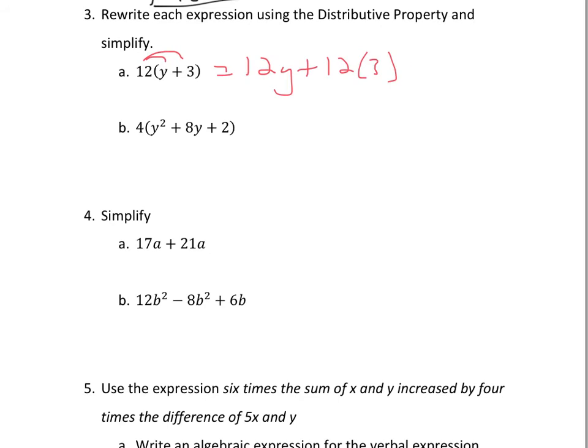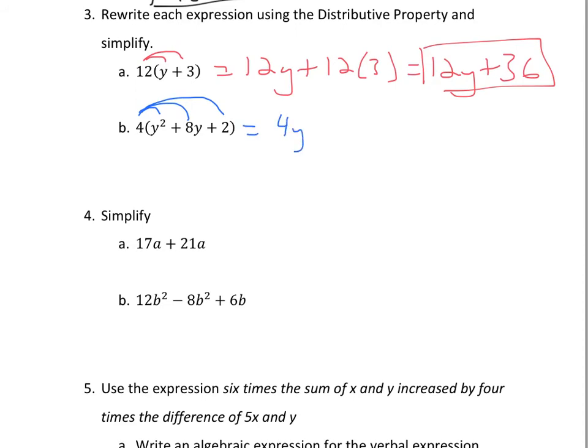And the 12 times 3 we can actually work out. 12y you can't do anything with, so we'll have 12y plus 36. And in b, we distribute that 4 to all 3 places. So you can distribute it to more than just 2 things. So 4y squared plus 4 times 8y is 32y, and 4 times 2 is 8.